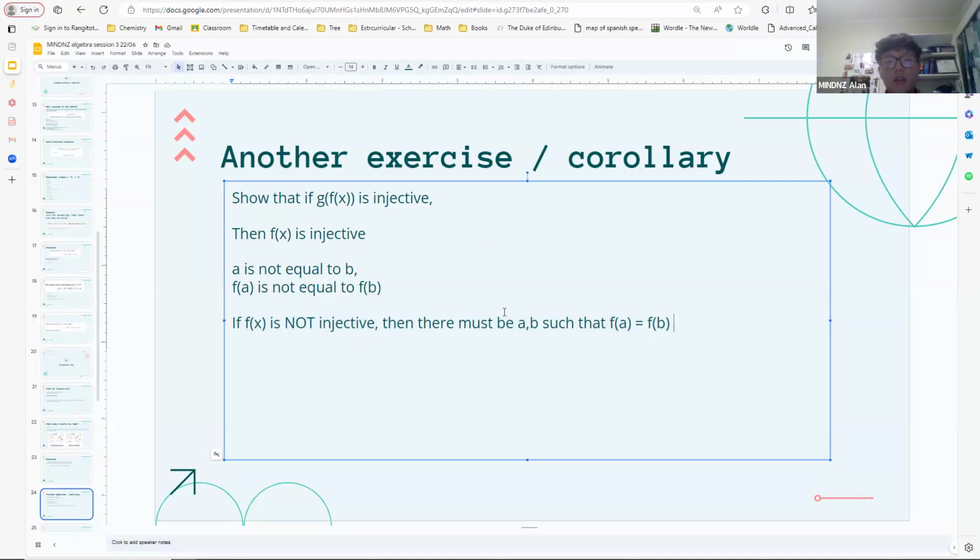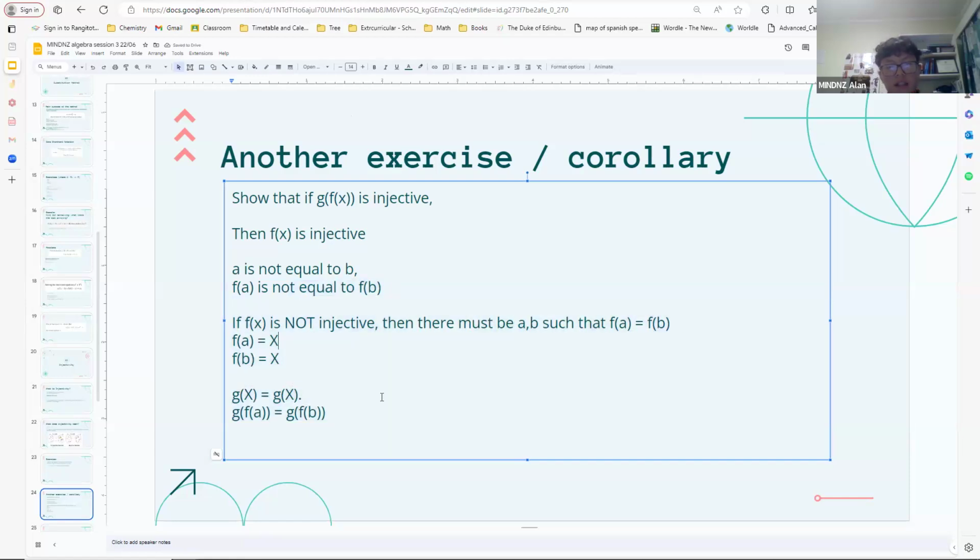And if we have that a is not equal to b and f of a equals f of b, then obviously g of f of a is going to equal g of f of b, right? Because we could say f of a equals capital X, f of b equals capital X, then obviously g of X equals g of X, right?